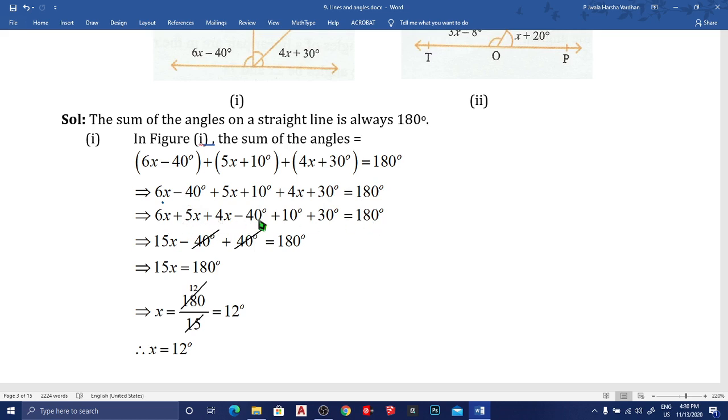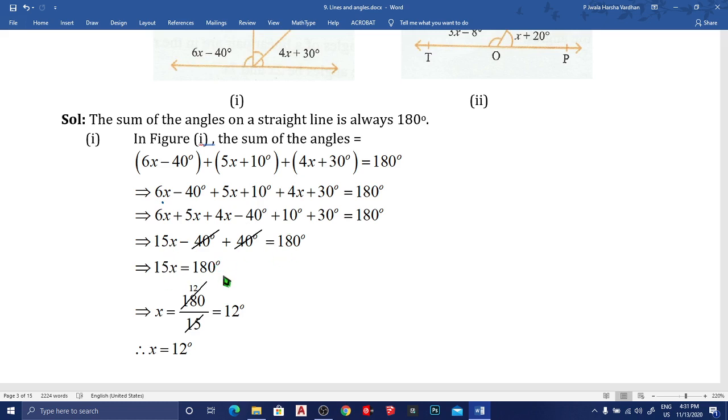All the x terms and constant terms are written together, including the sign. Don't forget to write the sign in front of them. So 6x plus 5x plus 4x is 15x here. Next, minus 40, and 10 plus 30 is 40. So minus 40 plus 40 gets cancelled, which is equal to 180.